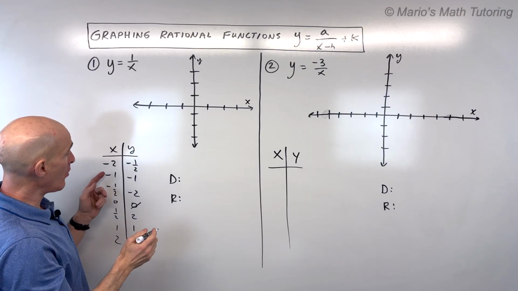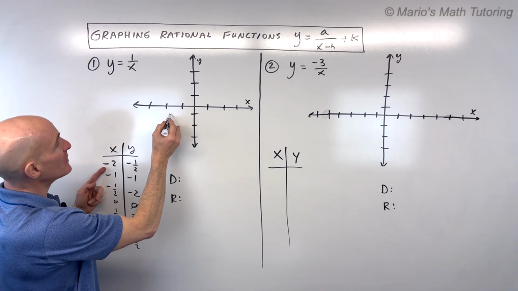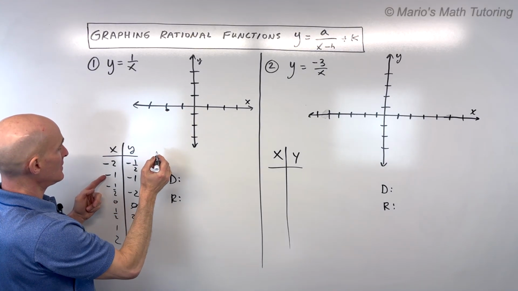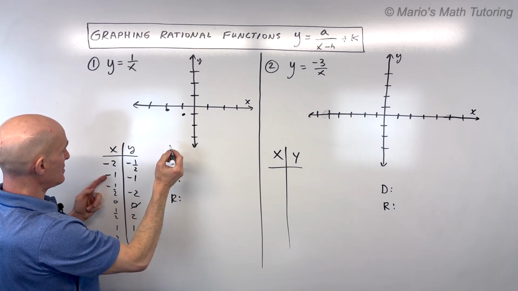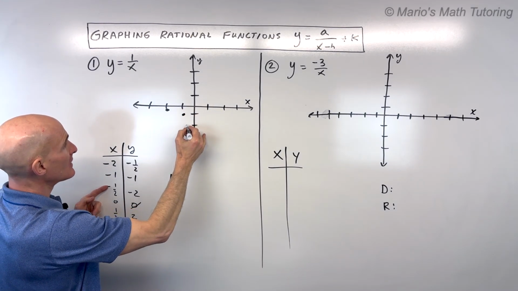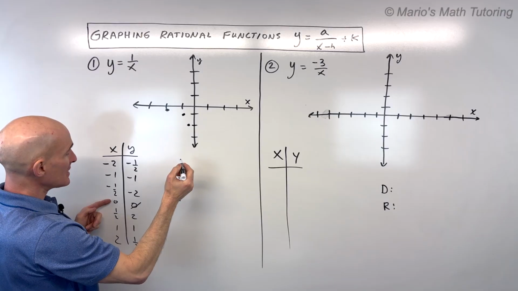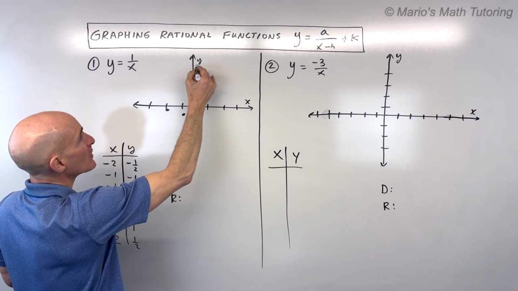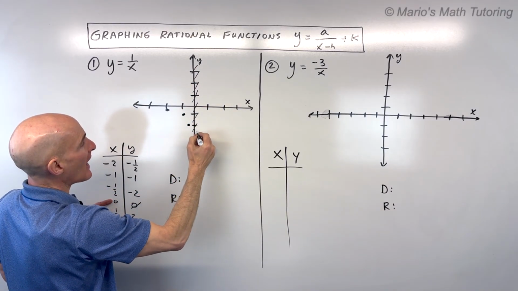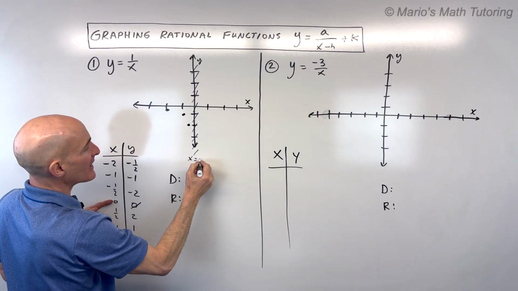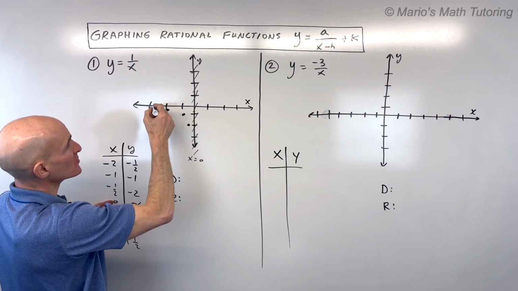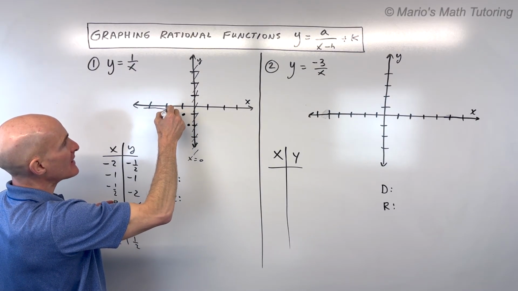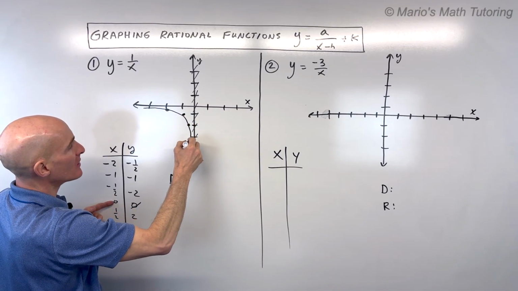So plotting these points, let's see, -2, -1/2 is right about here. -1, -1 is right about here. -1/2, -2 is right about here. 0 is undefined. So what happens is we have what's called a vertical asymptote. That's the line x equals 0 here. X equals lines are vertical lines. And then this is one branch of our hyperbola.